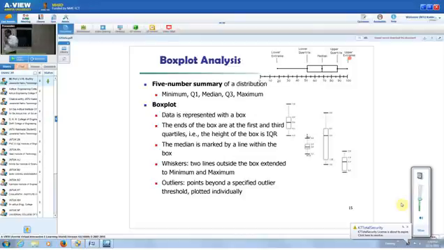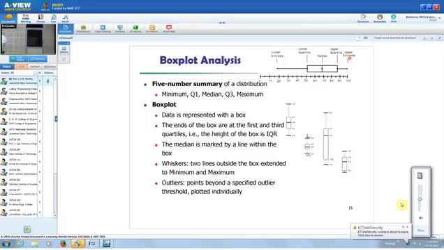Now the issue is that you will have some outliers. And one more concept is there called IQR, the interquartile range. The IQR is Q3 minus Q1.